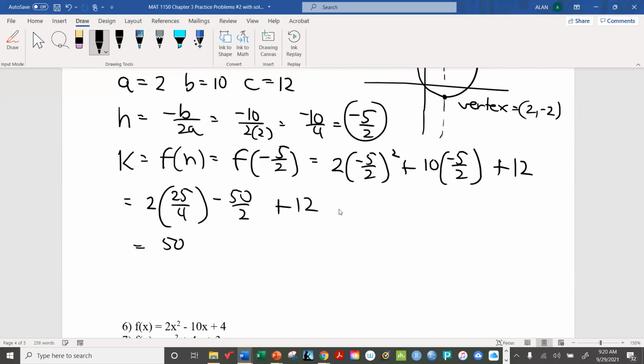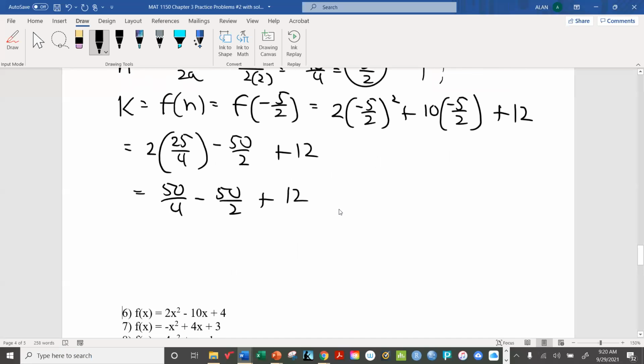Okay, again, we're going to need some common denominators. So let's go with 4. And so it looks like we're just going to end up with -2/4 or -1/2.